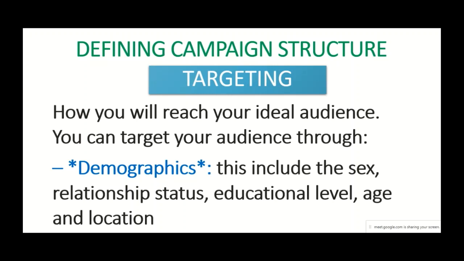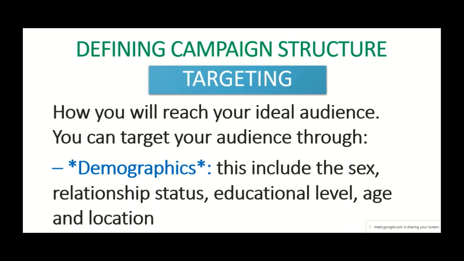Then the relationship status: maybe you want to run a product for singles, then you target the singles. If it's for married people, then you target the married. Then the educational level, whether it is high school, college graduates, or university graduates, just know something about your product. Conduct an audience insight before you start. Then the age and location.